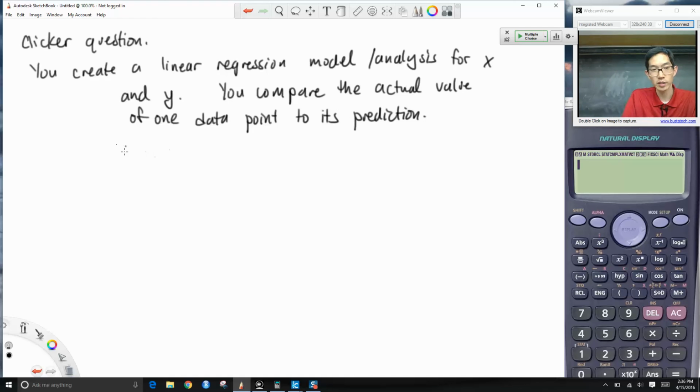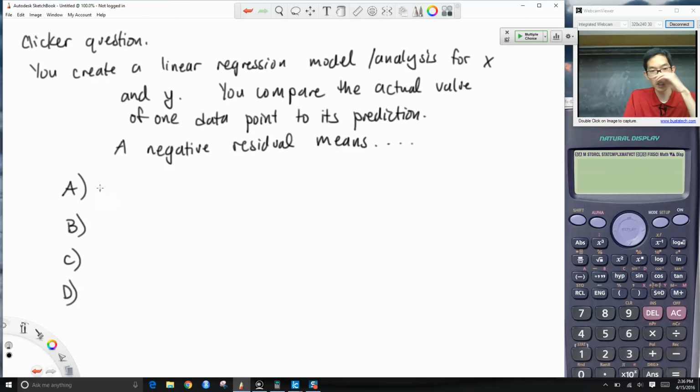In this case, a negative residual means, dun dun dun dun dun, here are your answer choices. That the data point is missing in our analysis.